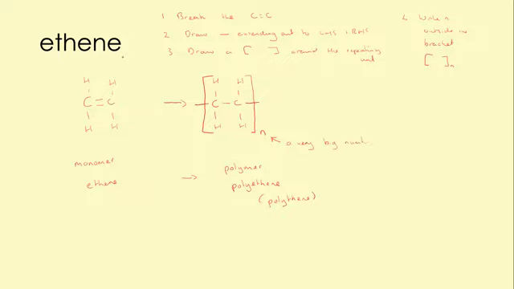It means we've got too many to count of these joined together. So that would be the structure of the polymer, the repeating unit.